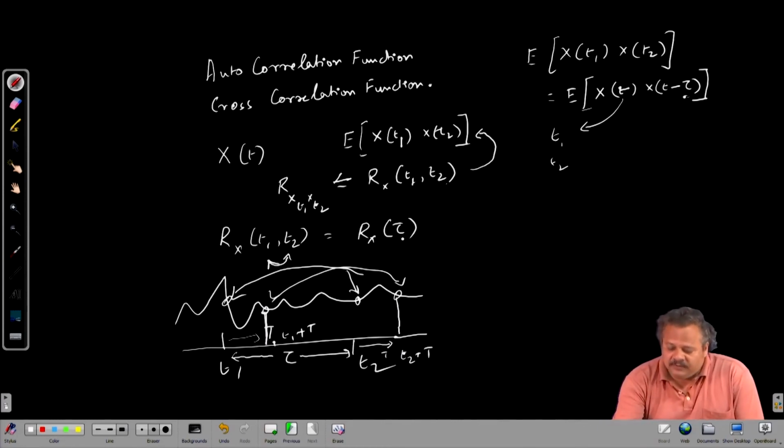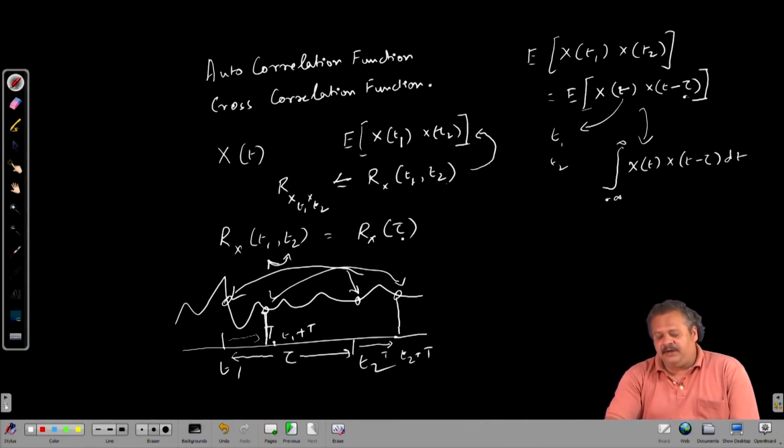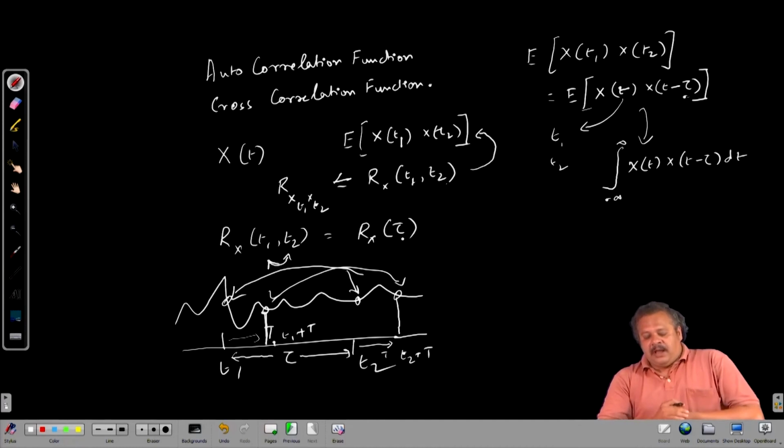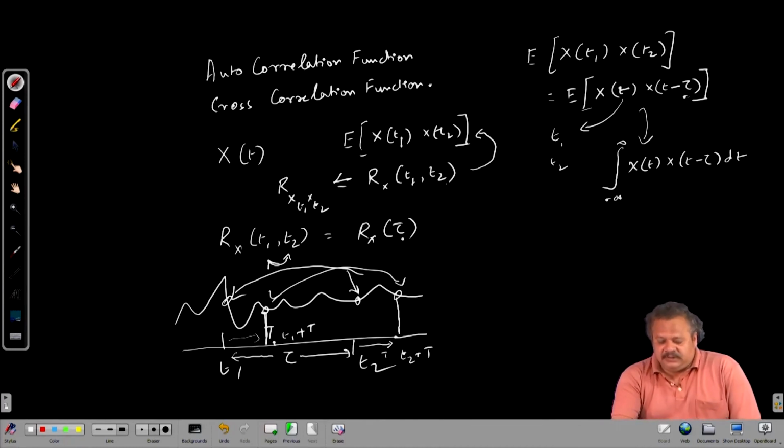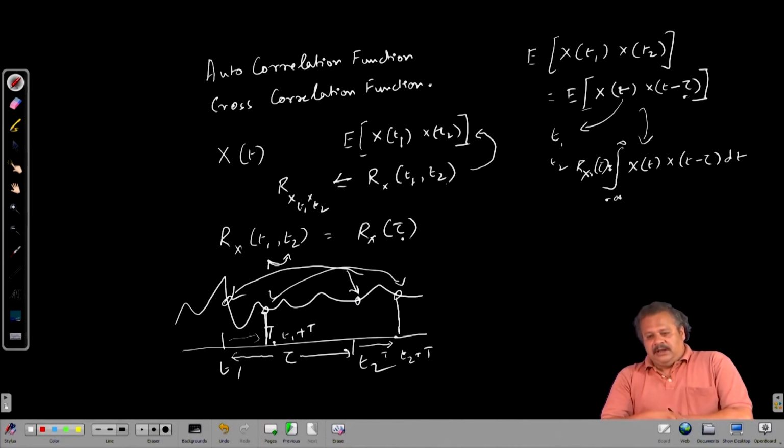In other words, this can be computed by simply integrating x t and x t minus tau over time, from minus infinity to infinity, and that is what we will generally call Rxx tau, or the autocorrelation function of the random variable x.